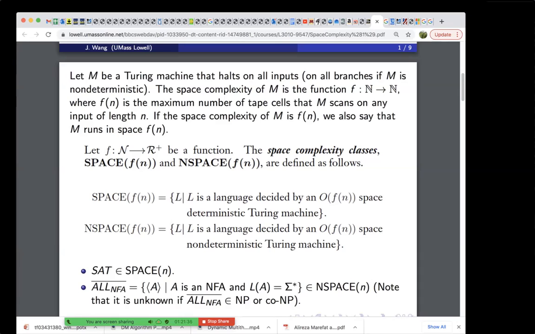Now we define SPACE of f of n, which is a class of languages. A language itself is a set, which could also be infinite.